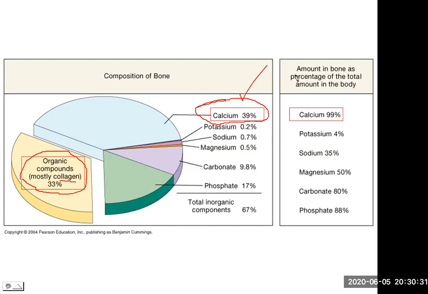Whereas now this second box over here, what we want to take away is the amount in bone as percentage of the total amount in the body. So what this is kind of saying in a convoluted way is 99% of the calcium that's in our body is found just in our bones. So the bones are a huge reservoir and storage site for nearly all of our body's calcium.